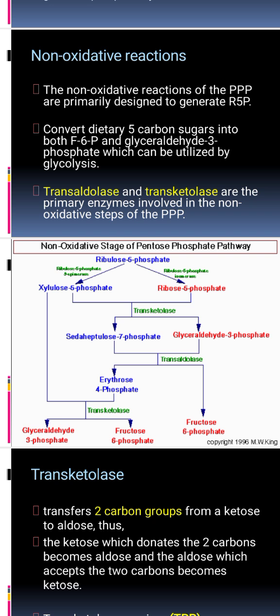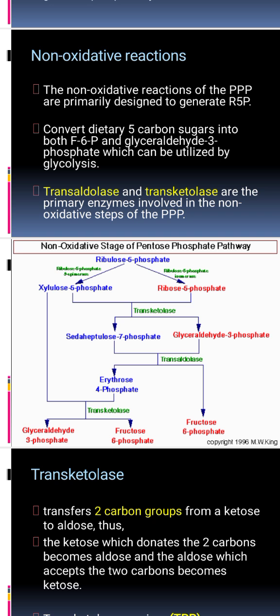Then by the transketolase enzyme, both of them give us glyceraldehyde 3-phosphate and sedoheptulose 7-phosphate. Then by another enzyme, transaldolase, glyceraldehyde 3-phosphate plus sedoheptulose 7-phosphate can give us erythrose 4-phosphate and fructose 6-phosphate.